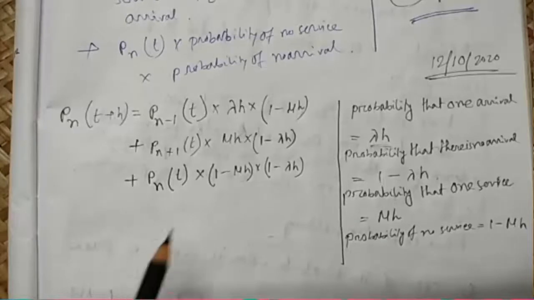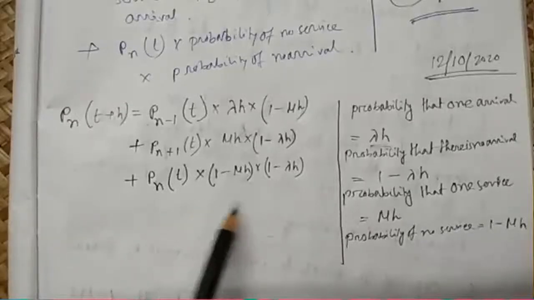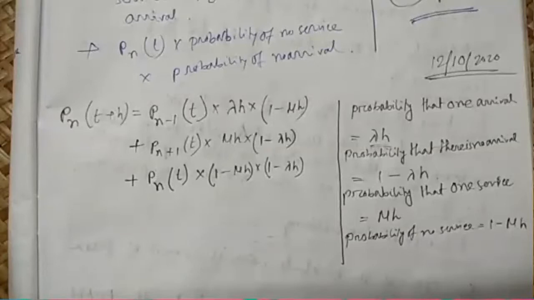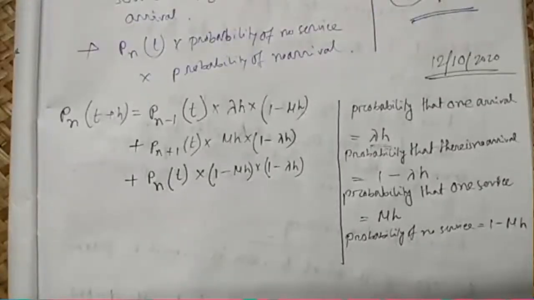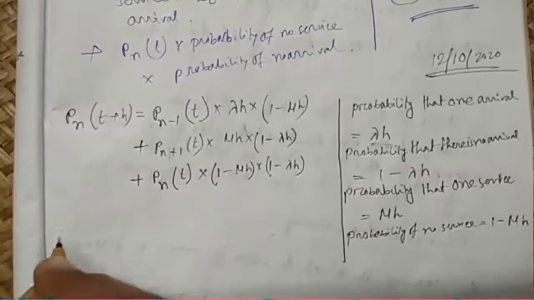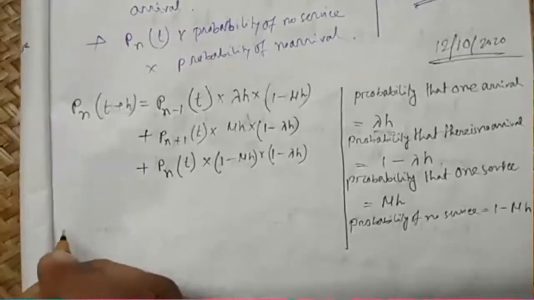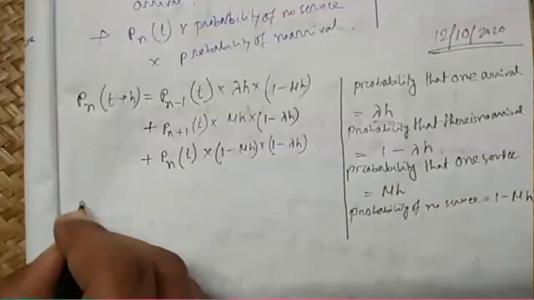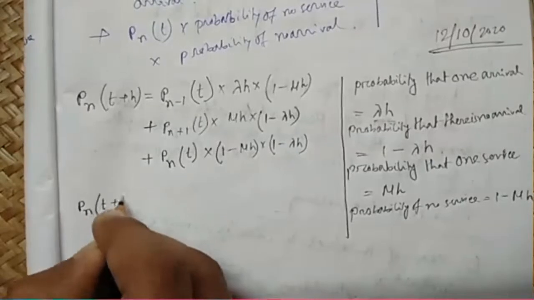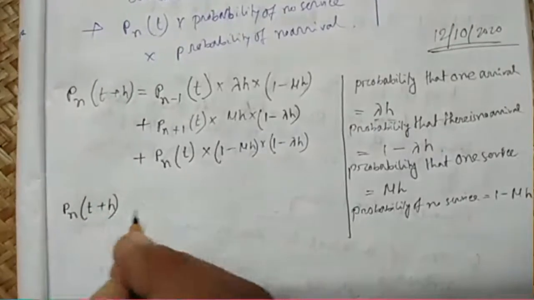So this Pn at time t can be taken out to the left side. I am writing this up in one step so that we can manage the whole thing on a single page. Otherwise it will become very difficult. You can understand, you are intelligent enough.